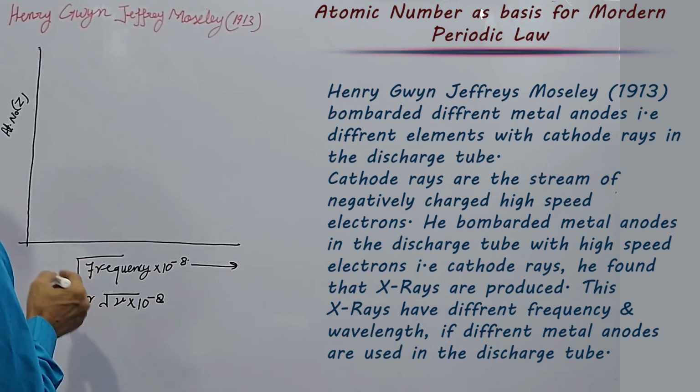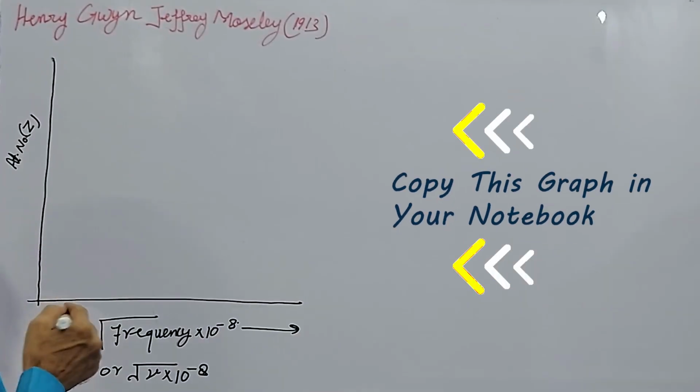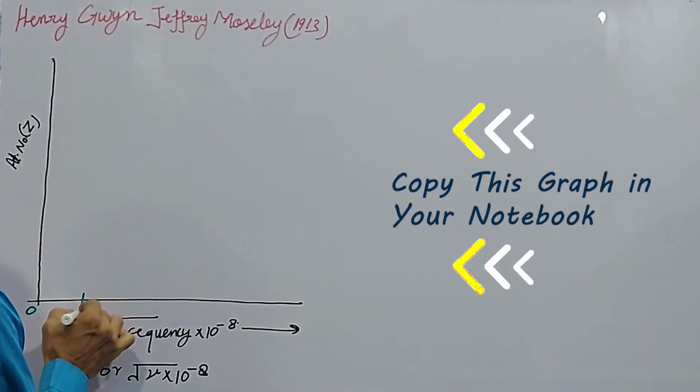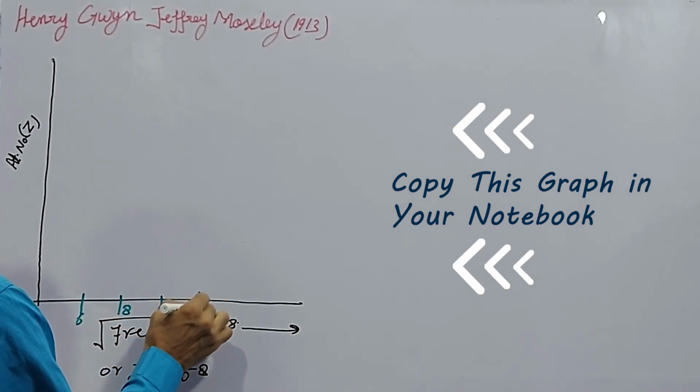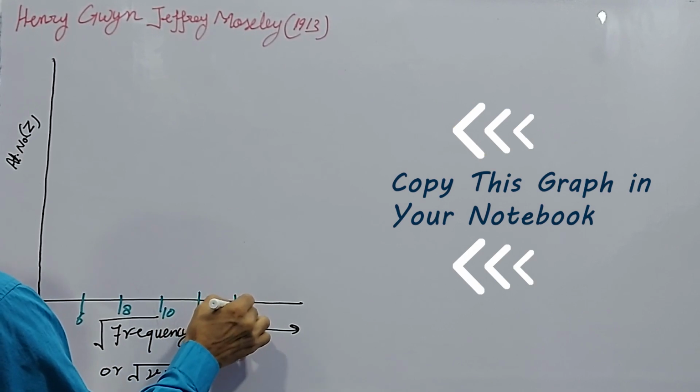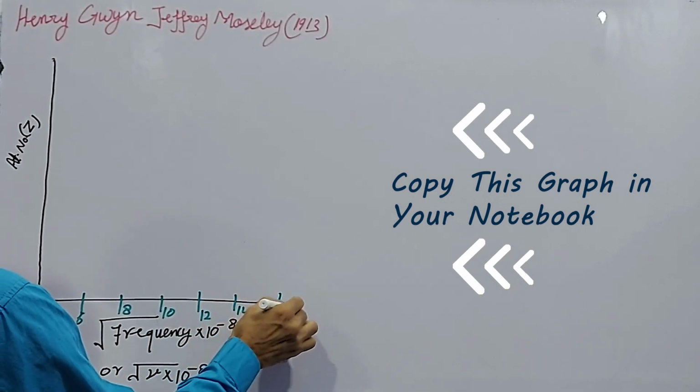On one axis the scale reads zero, 6, 8, 10, 12, 14, 16.